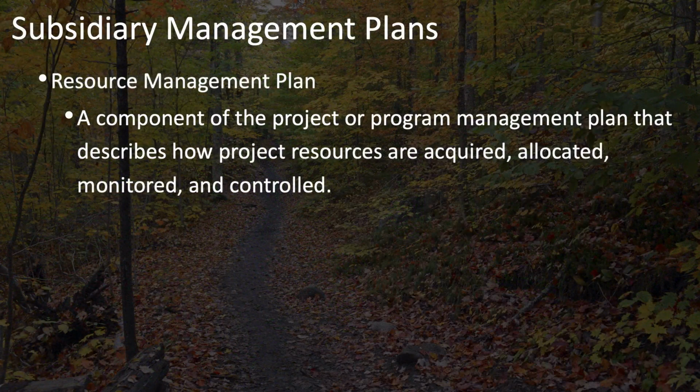Then we have the resource management plan, which describes how the project resources are acquired, allocated, monitored, and controlled. As with the quality plan, notice that you will likely need to consult with HR or others in order to make sure that your plan is consistent with your organization's policies about how people and resources are acquired, allocated, monitored, and controlled.